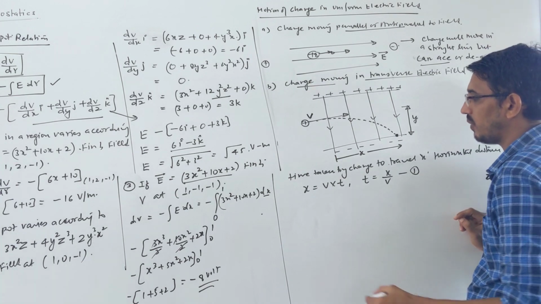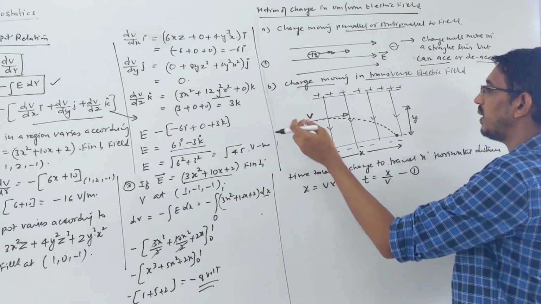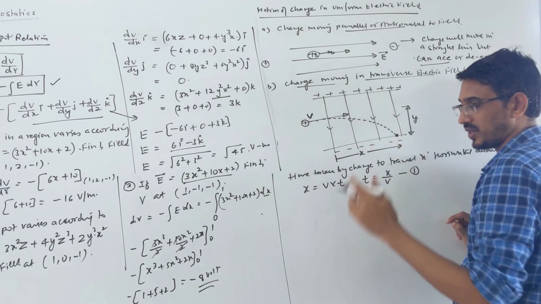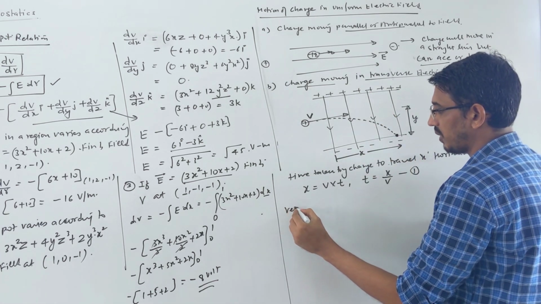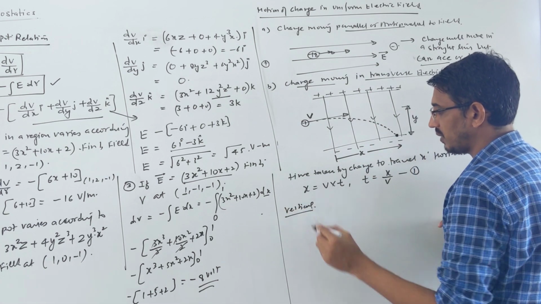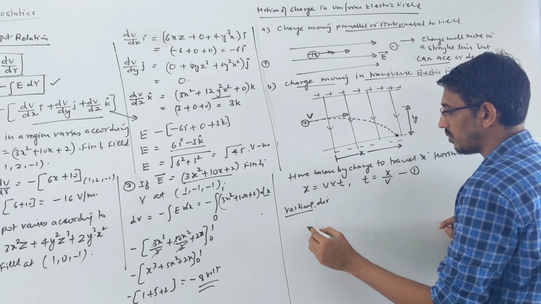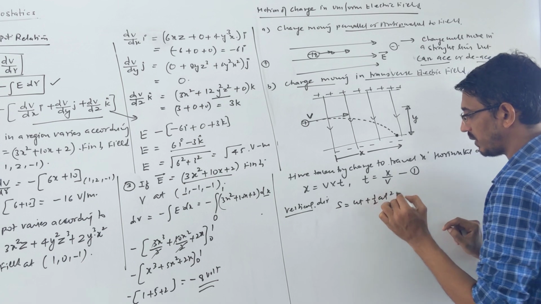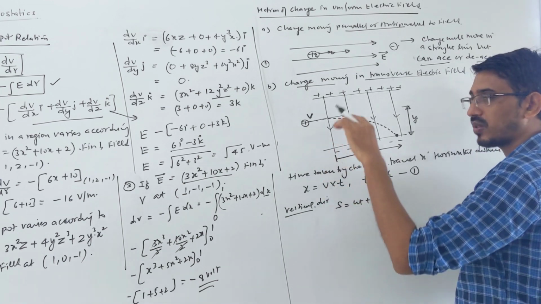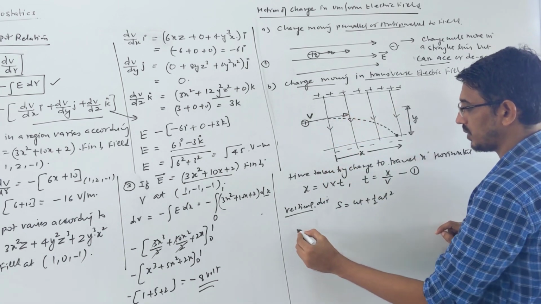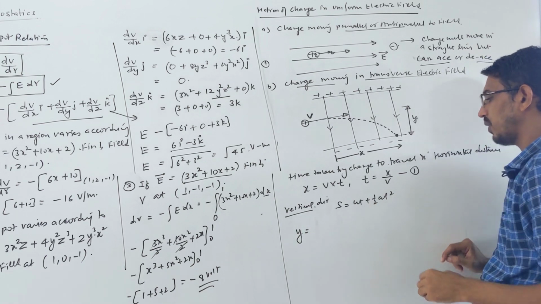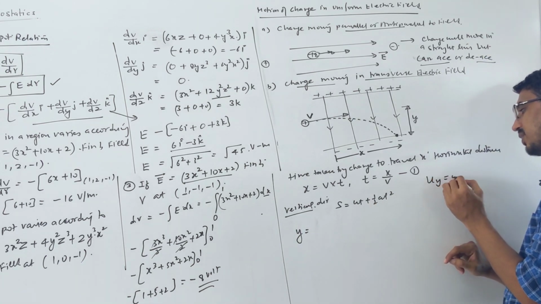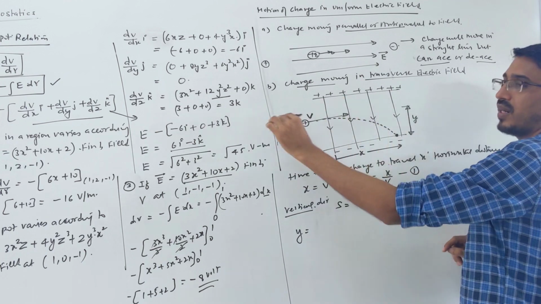Now, I want to write the equation of motion in the vertical direction, because I want to find the deflection in the vertical direction. Which equation of motion? This one: s is equal to ut plus half at square. Here s means vertical deflection, that we call y. u, the initial velocity in the y direction, is 0, because the charge we have fired in the horizontal direction.